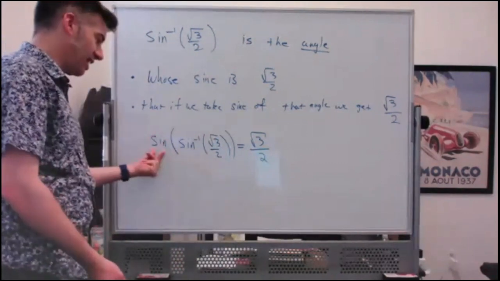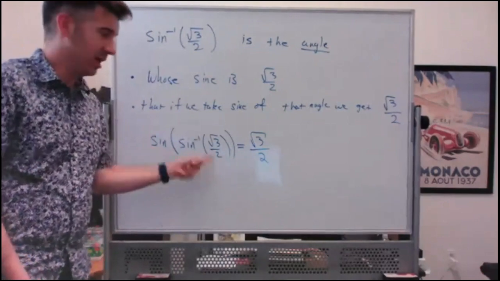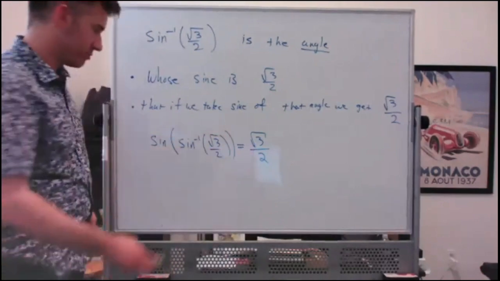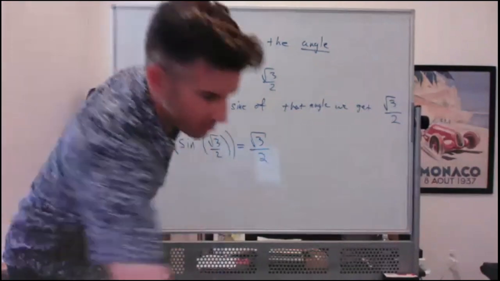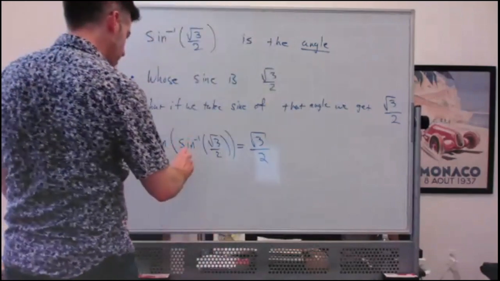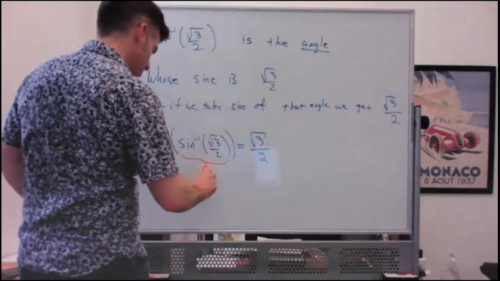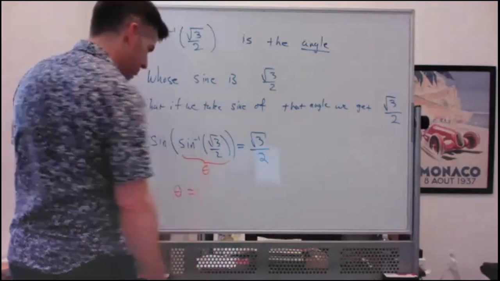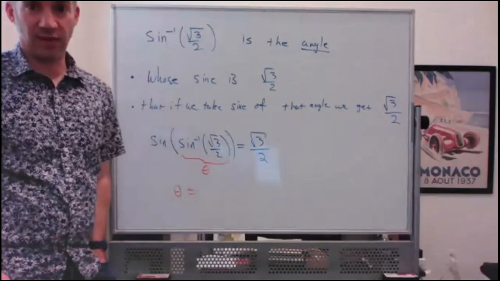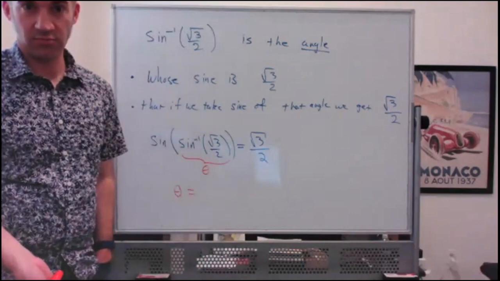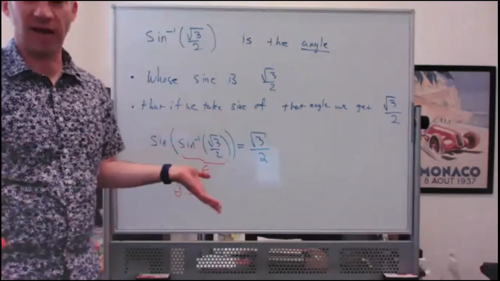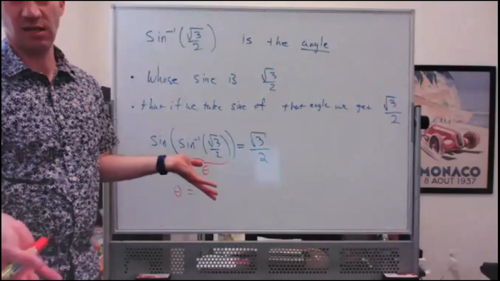So if I take sine of this angle, it should equal root 3 over 2. Okay. So now here's the question that we need to answer. What angle do you take sine of and get root 3 over 2 is your answer? It's either pi over 6 or pi over 3. Which one is it?